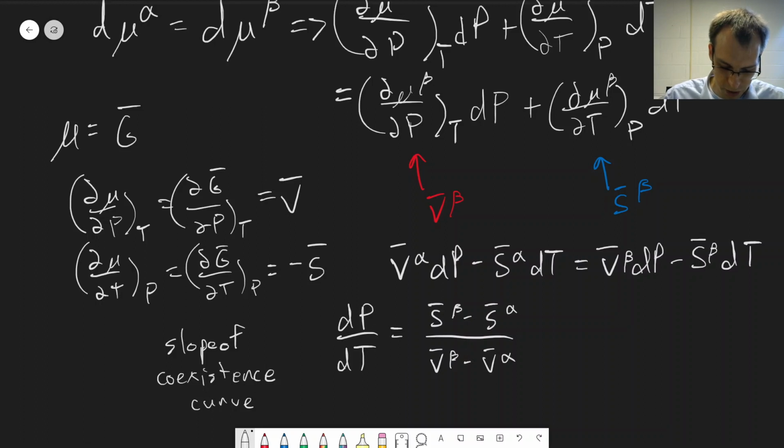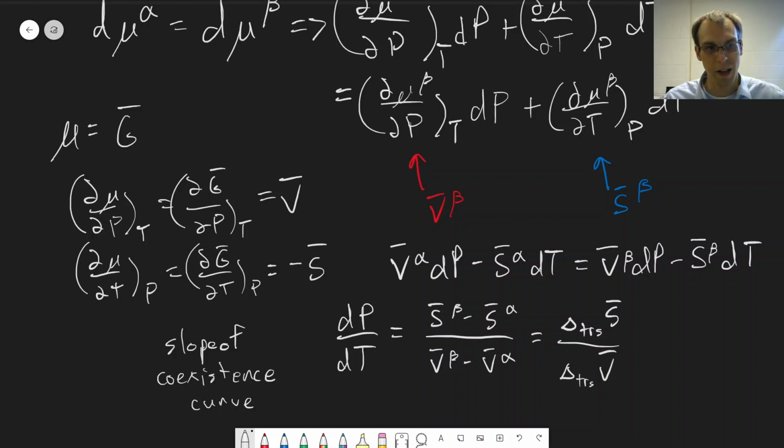The slope, the change in pressure over change in temperature of the coexistence curve is equal to the difference in the molar entropies divided by the difference in the molar volumes for those two phases. We could also just write this as the change in molar entropy for the phase transition divided by the change in molar volume for the phase transition, delta S over delta V.